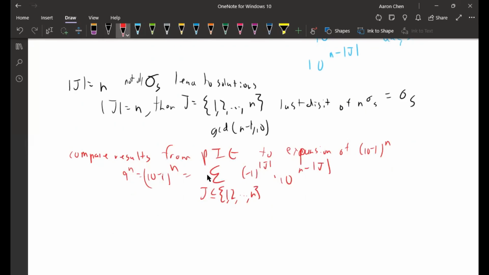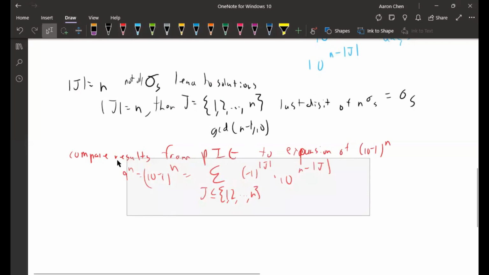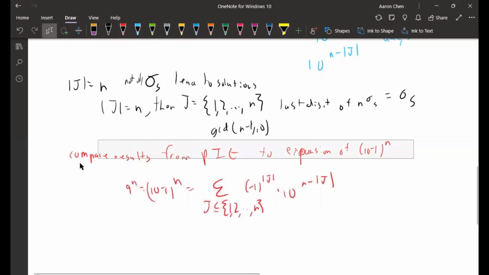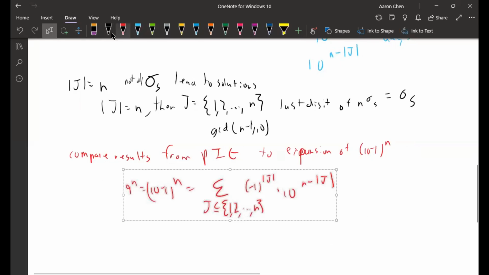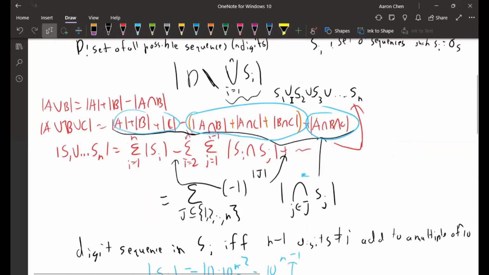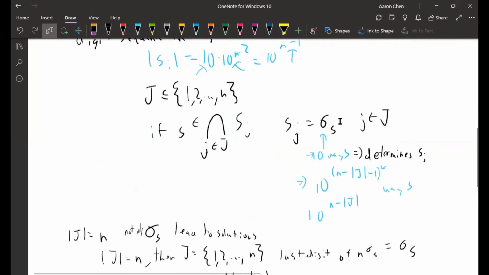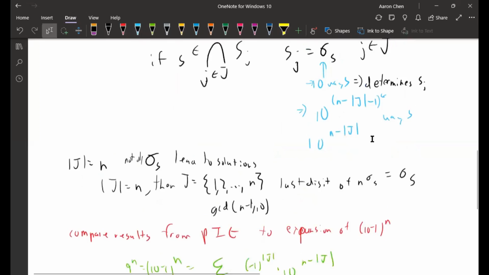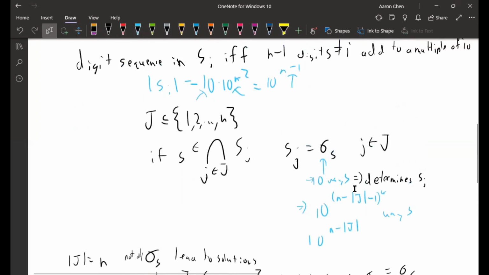And as you can see, this compares quite well with the value of PIE from up here, if you, of course, added in these two facts as well.